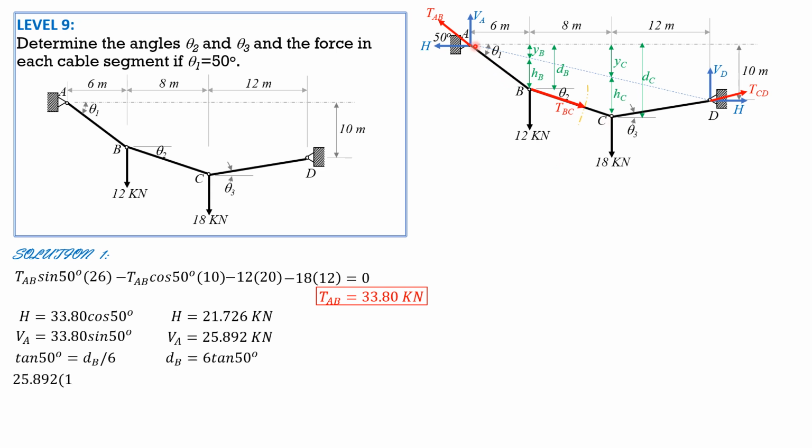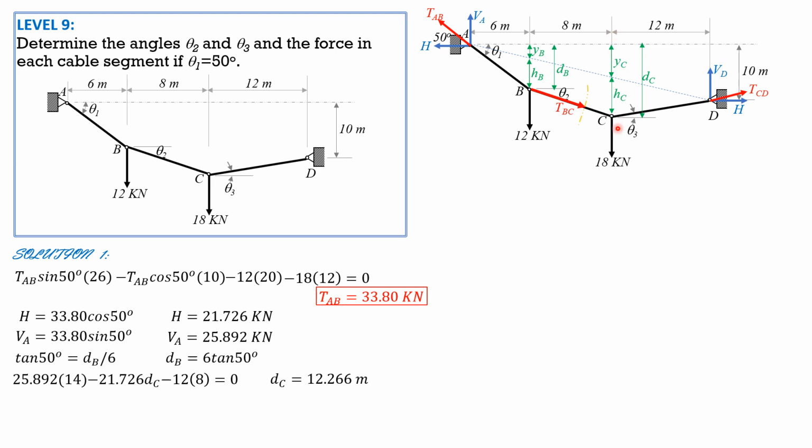Then we have 25.892 V sub A times 14 minus H, which is 21.726, times D sub C minus 12 times 8 equals 0. So from there, we can solve D sub C. D sub C equals 12.266 meters.